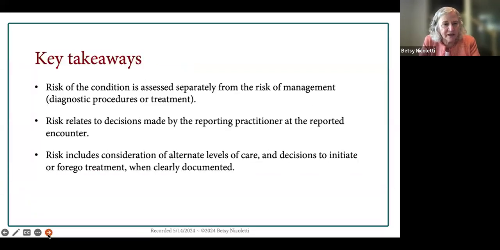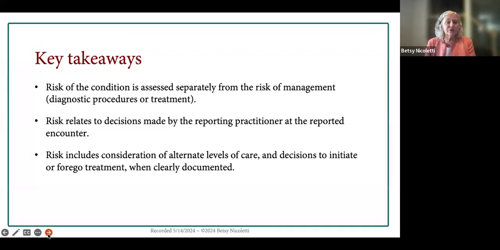So key takeaways. The risk of the condition is assessed separately from the risk of management. So the risk of the condition itself is assessed differently from the management of additional diagnostic procedures or treatment. Risk relates to the decisions made by the reporting practitioner at the reported encounter. I think that's really important, and we sometimes lose track of that.